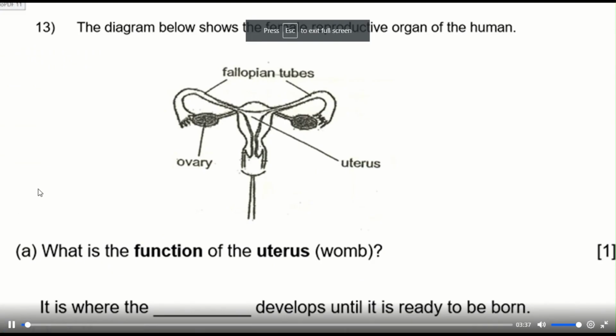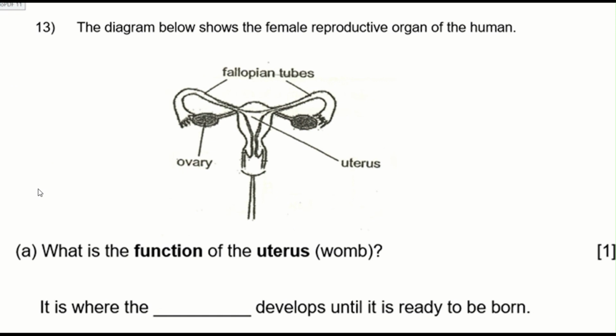Question 13. The diagram below shows the female reproductive organ. From the diagram, we see that the ovary is labeled. We have two ovaries in the diagram above. We have the fallopian tubes over here as well as the uterus. For question part A, they ask, what is the function of the uterus or the womb?